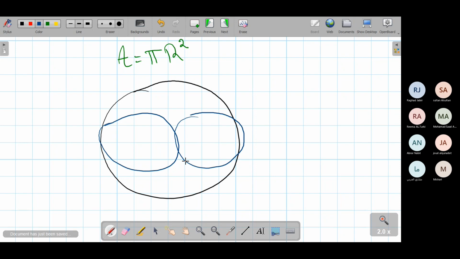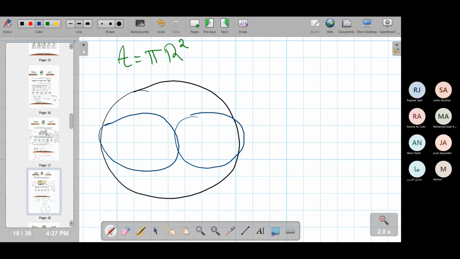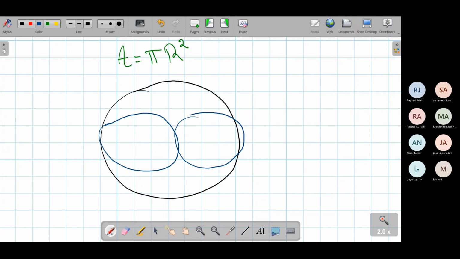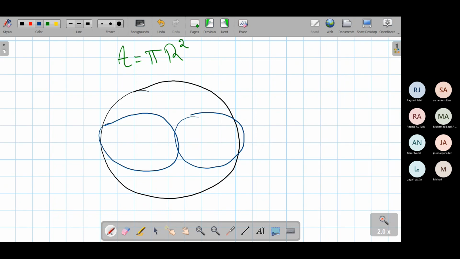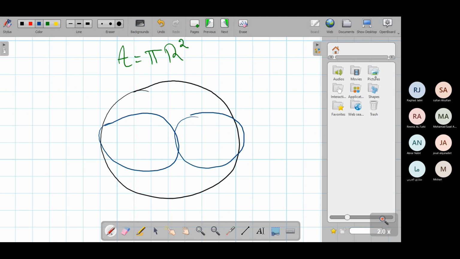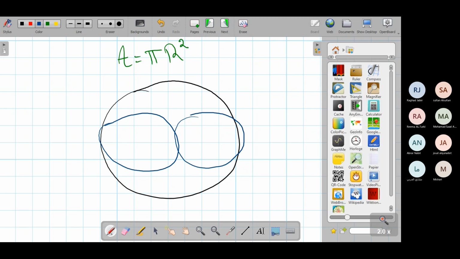Okay, I think I have some tools here. Maybe I can use them. Let me see. No. Okay, here. Just 1 minute. Picture. No. Let's go back home. Application. Okay.